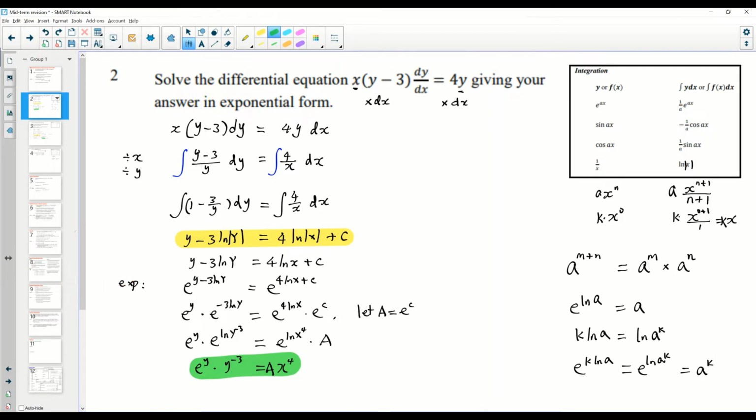Truth be told, if you got the yellow answer, that's the bulk of what we're looking for in solving this question, that you're able to separate the variables and integrate. Now, going from log to exponential is the last step, so giving your answer in exponential form, but that's got fewer marks, to be honest. So the main thing is you're able to do the first bit.